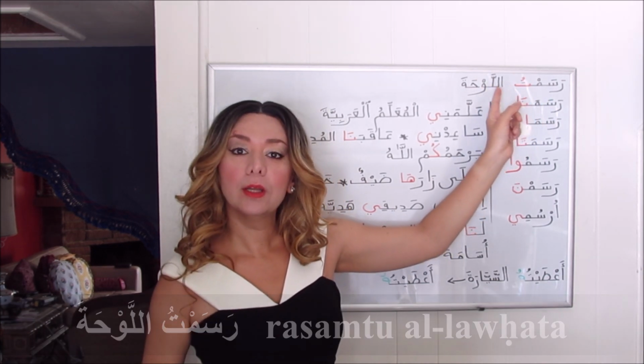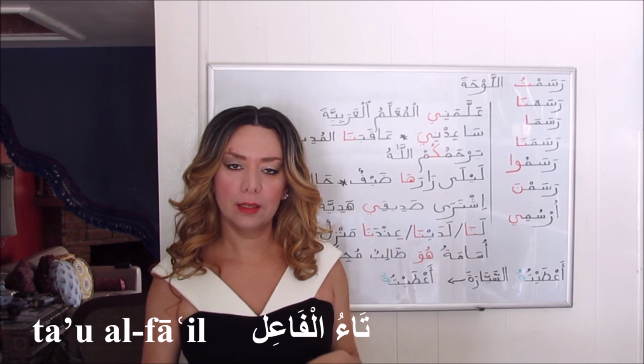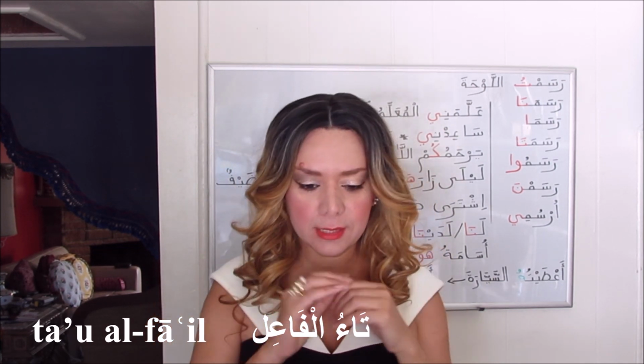The تاء, تاء الفاعل, the ta of the subject, is the attached subject pronoun of the verb رسم in the nominative case, referring to the first person, singular, masculine or feminine.